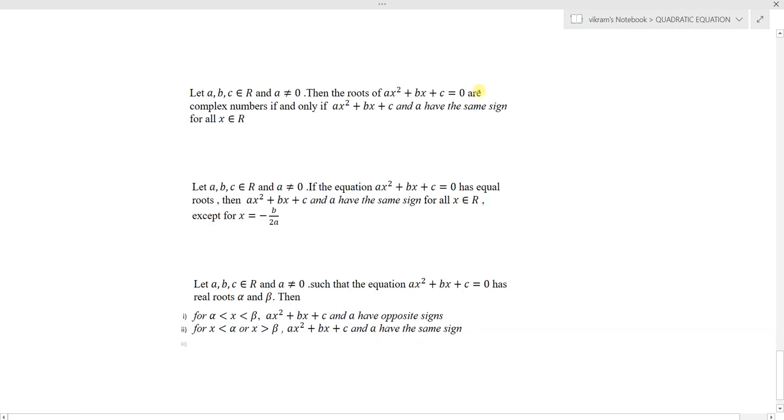Now we summarize the concept we discussed above.